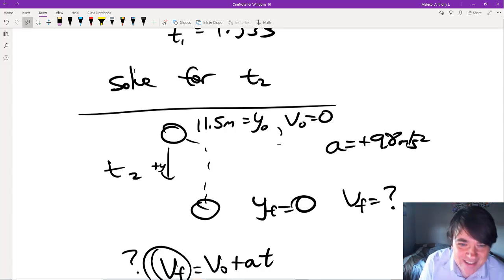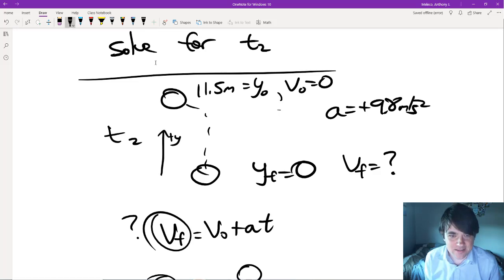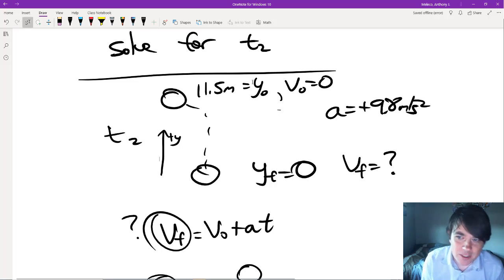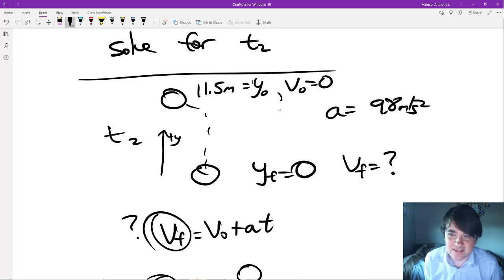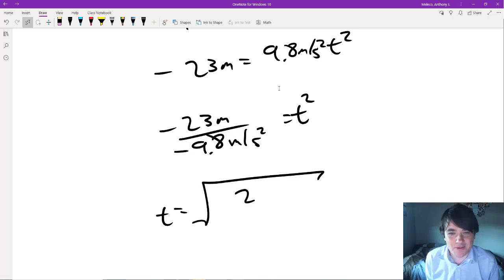When I did this, when I say 11.5 to 0, I inherently do imply up is positive in this instance. If I had said y initial is 0, y final is 11.5, then it would have been down as positive. I know that's confusing. Sorry about that. I realized that when I wasn't getting two negatives here. As I said, it's extremely important to be careful.